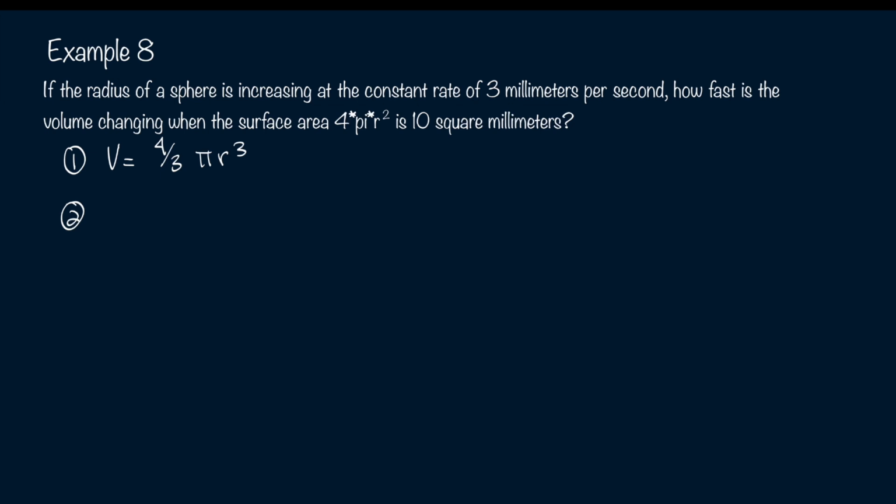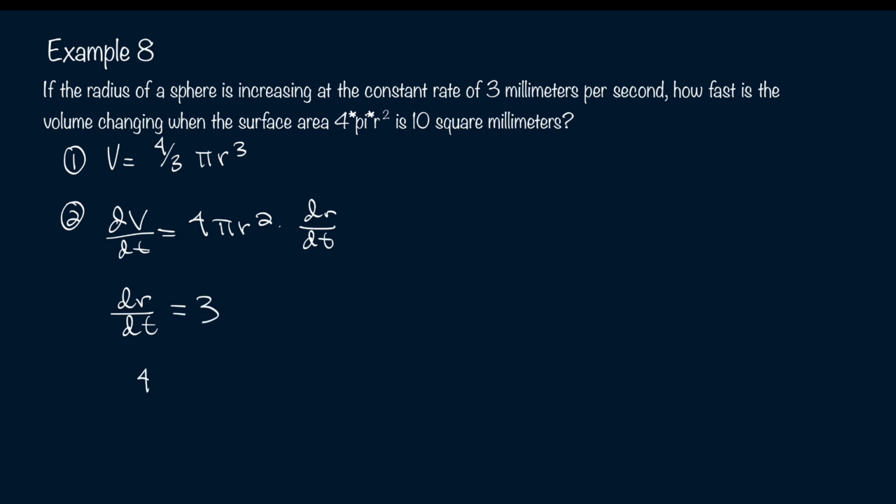So we're going to take our equation and do dV/dt is equal to 4πr² times dr/dt. And then again, what are we given? We know that the rate, so dr/dt, is going to be equal to 3.